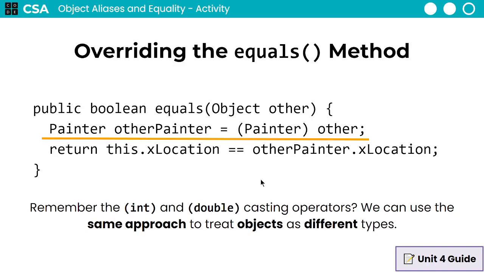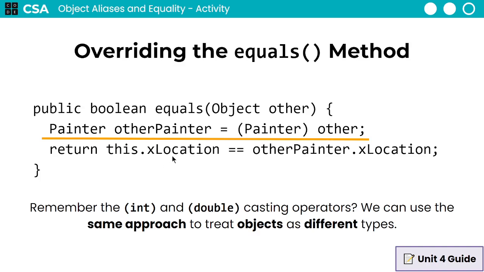You know how we normally do int and double. We can do the same thing here where we say this other is going to be of type Painter. If this is a Painter object, we declare a variable of type Painter and name it other.